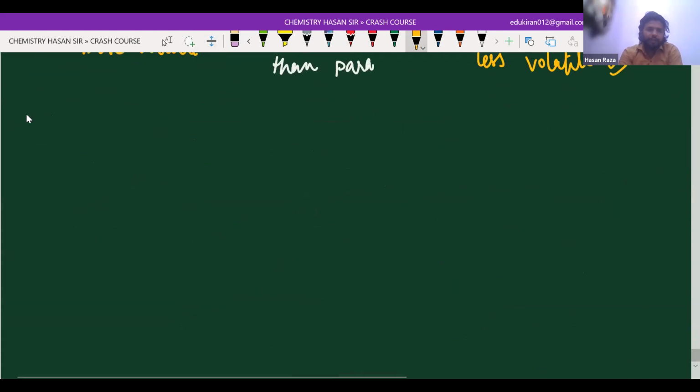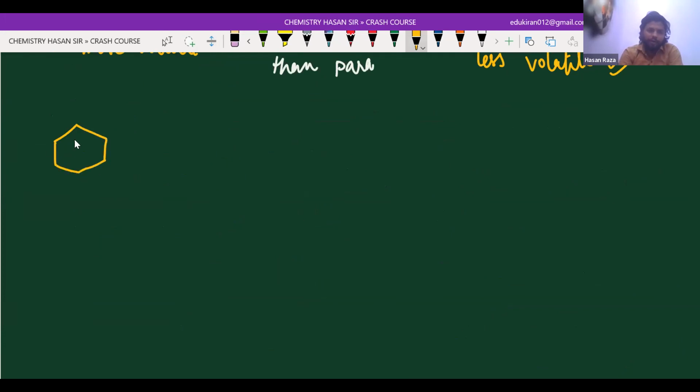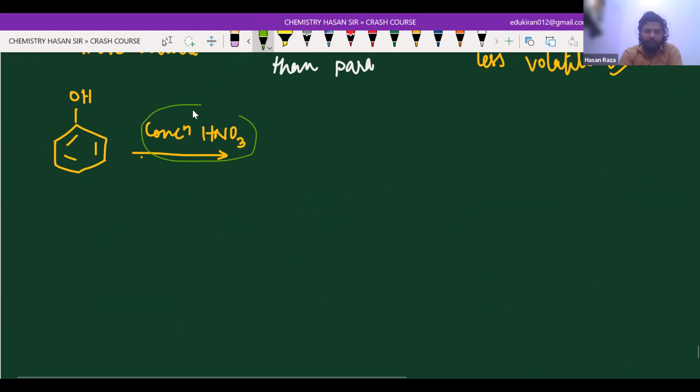Now, if you are going to treat this phenol with concentrated HNO3, then the amount of NO2 plus coming out from here will be more, and in a single phenol, NO2 will be added at 3 places: ortho, para, and again ortho.